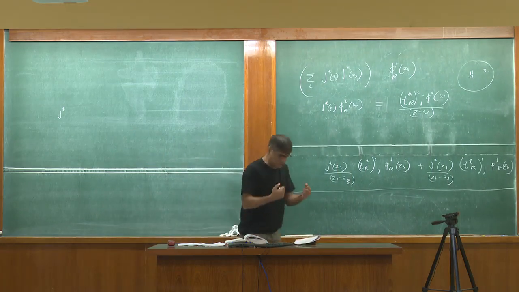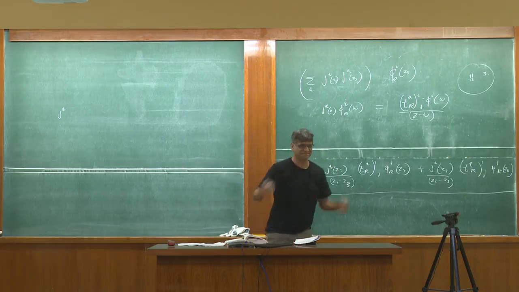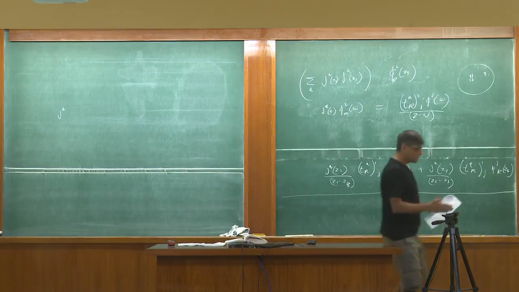We know that in the limit 1 goes to 2, we're going to get a singularity from J goes to J. So we will remove that singularity.